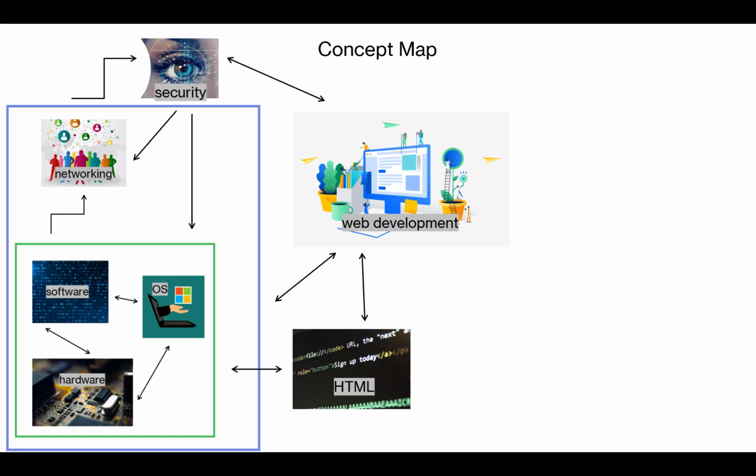Looking at this all on a concept map, as we previously discussed, HTML is connected to web development in the fact that web developers are able to develop their websites through HTML. HTML dictates how web developers develop their websites. Web development is connected to networking and how the computer functions as a whole, because without networking and without functioning computers, we wouldn't have development.